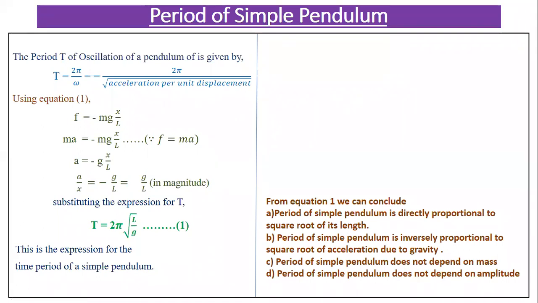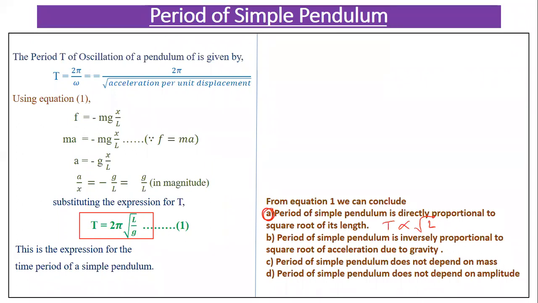Now, from this period of a simple pendulum, we can conclude the following things. The first one is that the period of a simple pendulum is directly proportional to the square root of length, so T is proportional to square root of L. Means period depends on length.